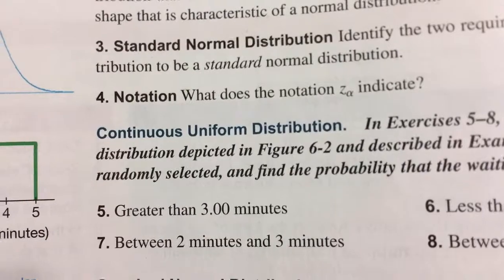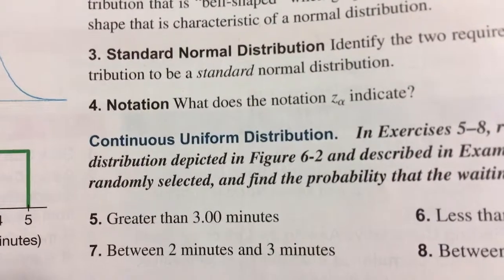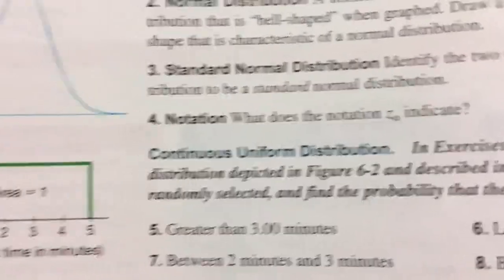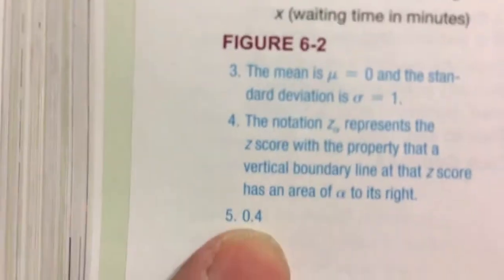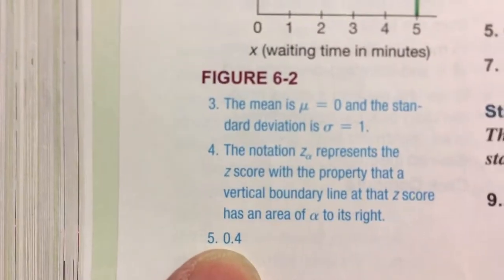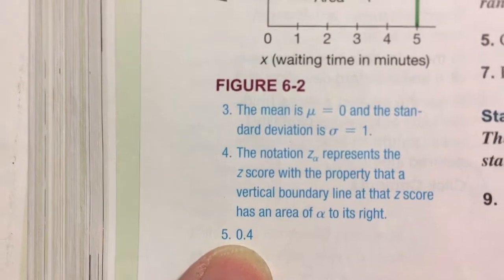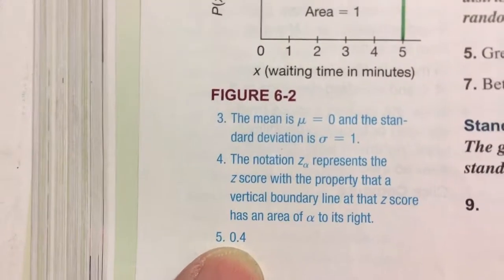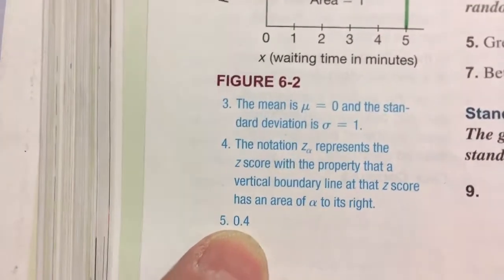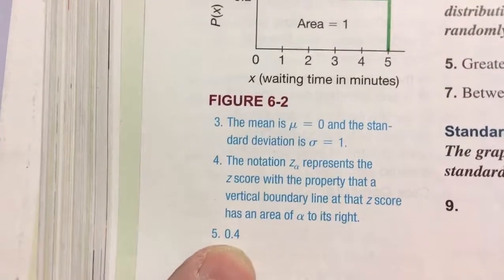There wasn't much work to do for that one, so 40% for number 5. And when I look over here to number 5's answer, it is 0.4 or 40% as the probability for number 5.